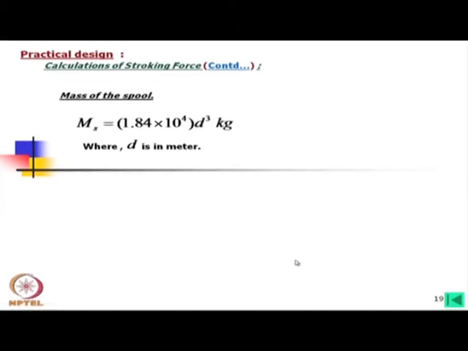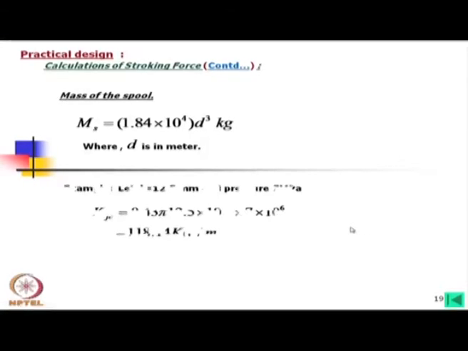So, if we would like to calculate a stroking force, then again the mass of this spool can be taken like this. If you know this diameter, we have taken these relations. You see these relations, this equation only we can use if we maintain those relations, because ultimately we are expressing in terms of spool diameter. So, the ratio is that L 1 plus L 2 is equal to L by 3.